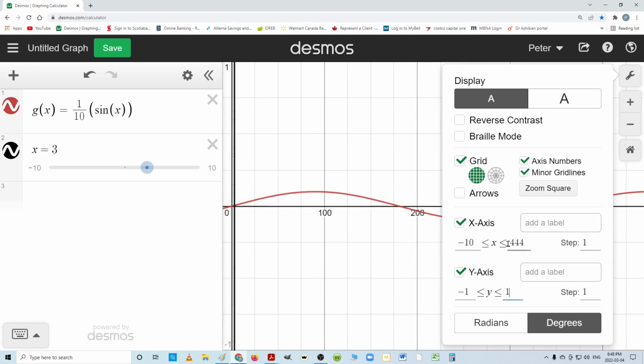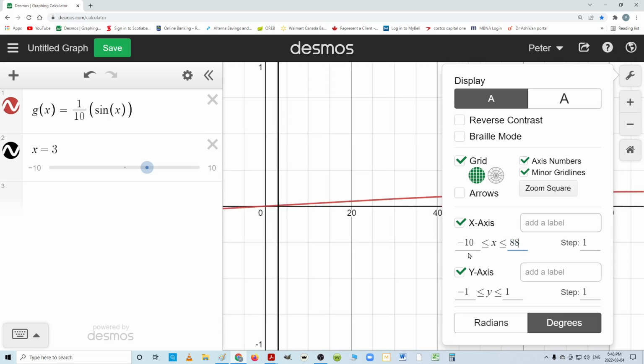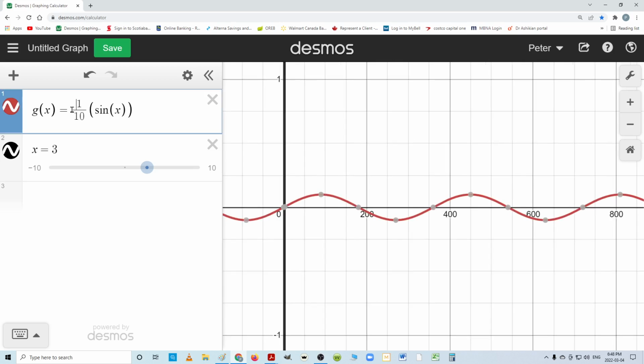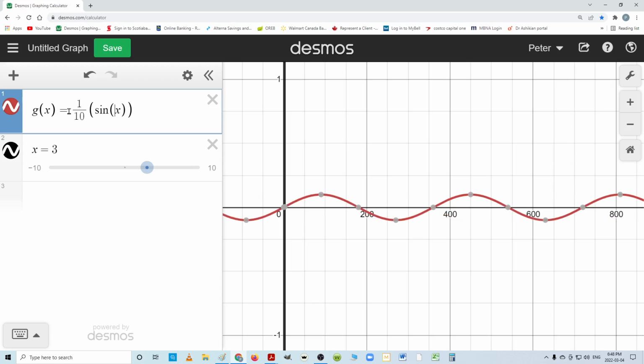And we're going to see what it looks like. There we go. Yeah, it looks like that. Now I'm going to flip with the negative on the outside, the y flip, so it's going to flip in the x-axis. Flips upside down. Now I'm going to flip it inside near the x. It looks like it's flipping. So the problem is it's symmetrical again. I'm trying to pick one. They're all kind of symmetrical. That's the problem.